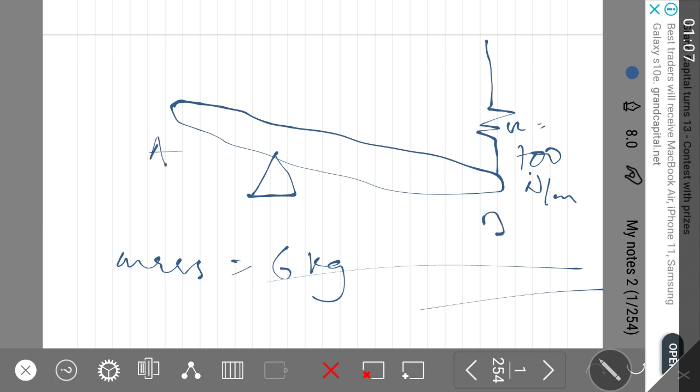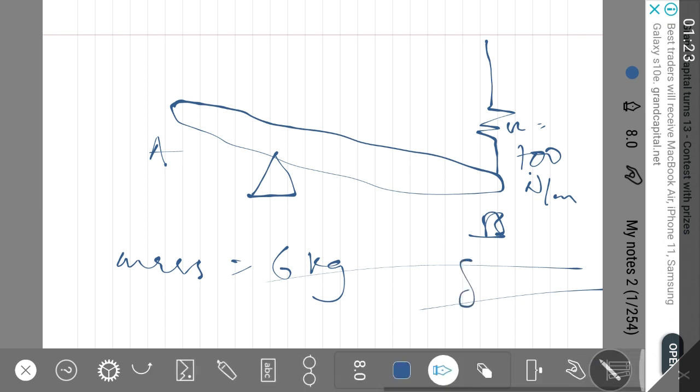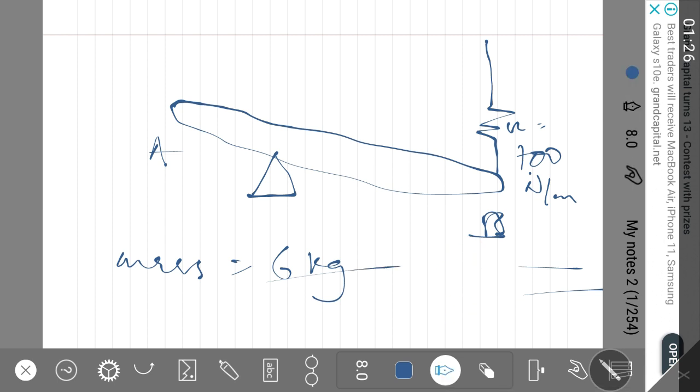At the end B, the rod is depressed 10 millimeters and released. We want to determine the period of vibration and the maximum velocity at the end B.